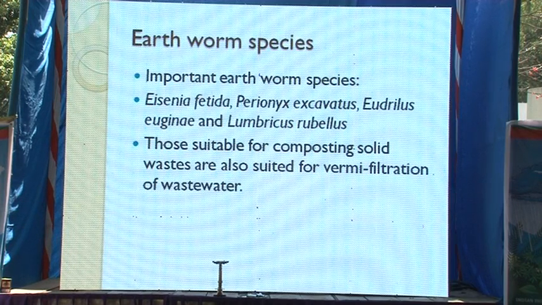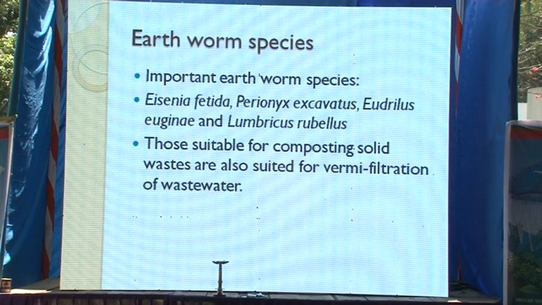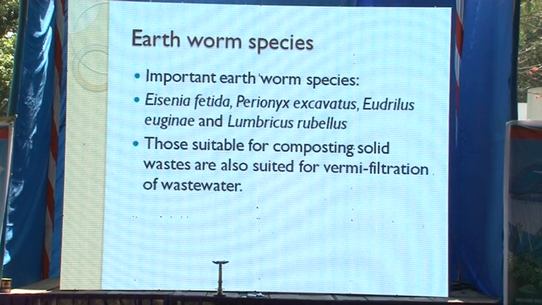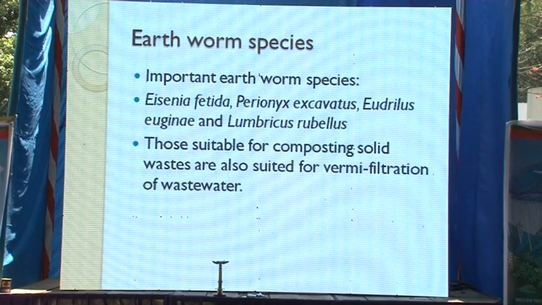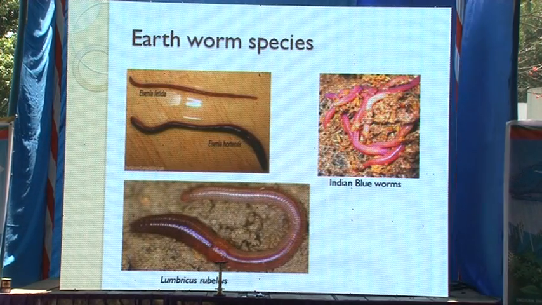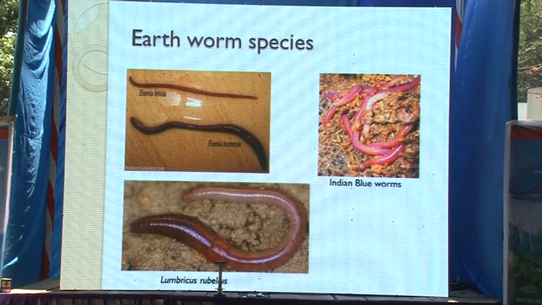These are some of the earthworm species which are very widely found in various places in our country, and in many places in the world too. Those good for vermicomposting are also good for vermifiltration, so you do not buy anything special. It is very easily available. Some of these you might have seen in your gardens, backyard, wherever.